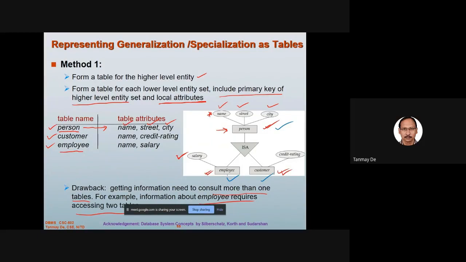The lower level entities, employee and customer, consist of their local attributes, say for employee, salary, as well as all the inherited attributes, not only name, street, and city. Similarly, in the customer table, not only the credit rating is there, but name, street, and city are also there.